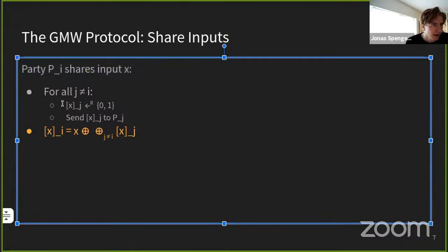Well, party I samples a random bit for each other party J and sends this random bit to party J as their secret share of X. Then to compute party I's own secret share, party I computes the XOR of the plaintext value and all of the other secret shares.